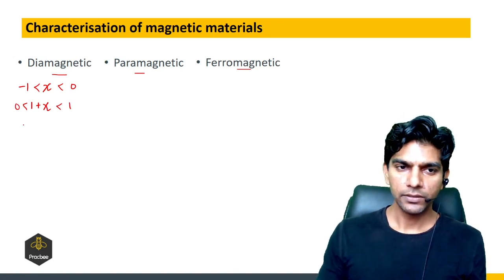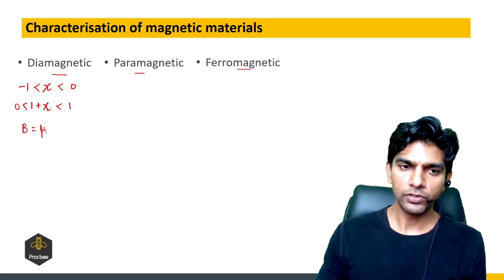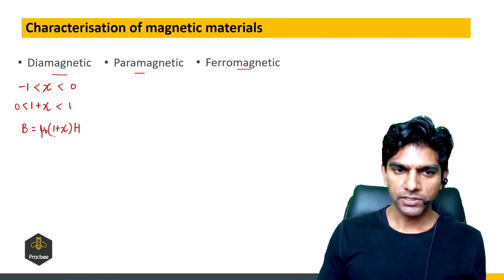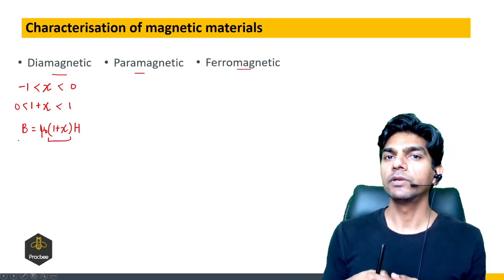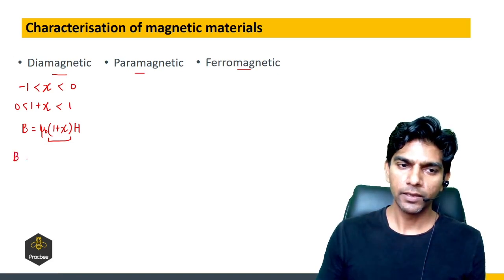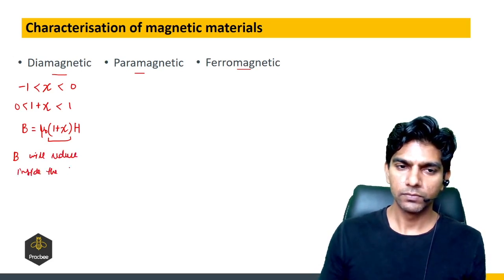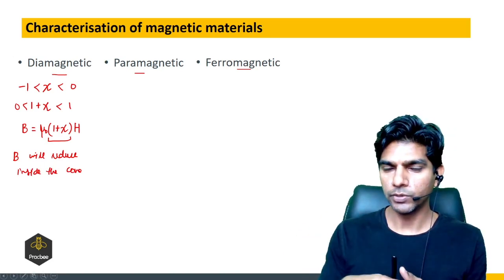What does it mean? The magnetic field can be written as mu naught times (1 plus chi) times H, right? Now this factor is less than 1, so it means the magnetic field inside the material will reduce. So here the field will reduce inside the core because of the core presence, right?